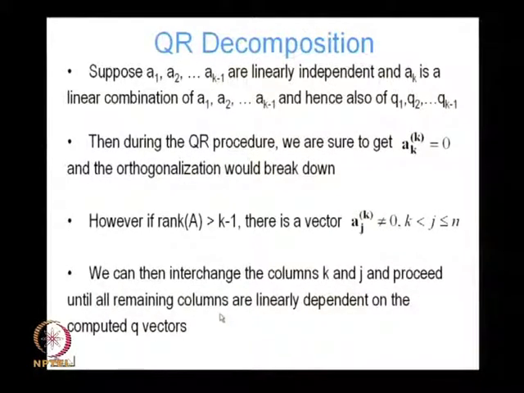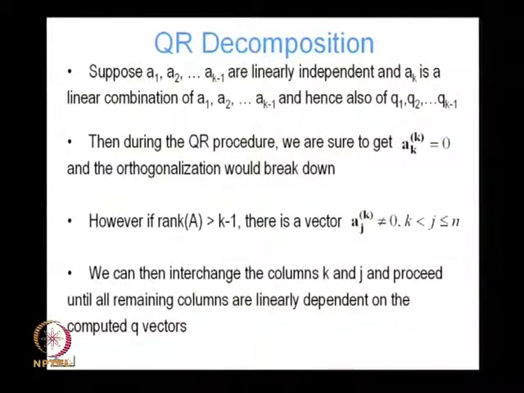Recall now we are considering the case where A does not have full rank. What does that mean? That means that there are columns in A which are linear combinations of the other columns. Not all the columns of A are linearly independent. So, let us assume that the kth column of A is a linear combination of the first k minus 1 columns.